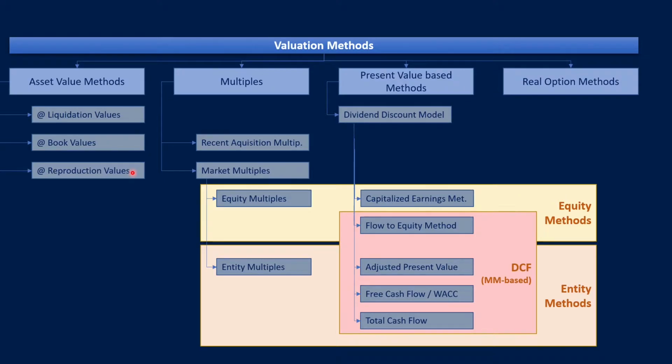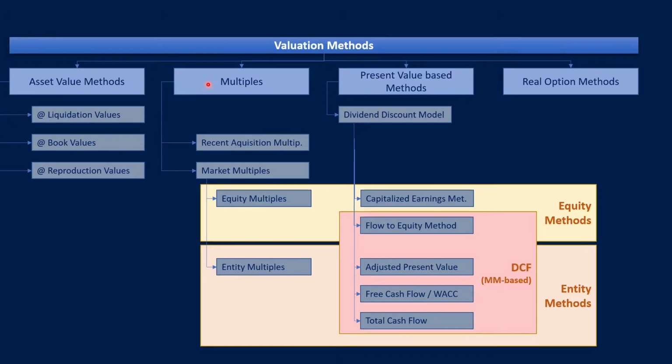Nevertheless, the liquidation of a company that doesn't perform well is always an option. So the liquidation value is the lower boundary of any valuation. The reproduction value might be interesting in a buy or make decision if we decide to buy another company or if we decide to make it on our own.